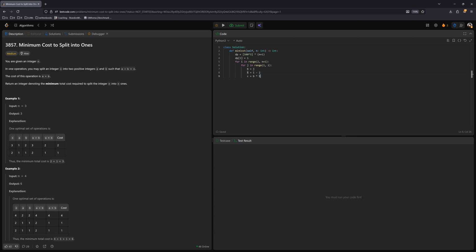Okay, and then it's going to be 2 different numbers. Whoa, this should be 0, right? Because once we have a 1, then we're done. Yeah. Then these numbers should be less than i.